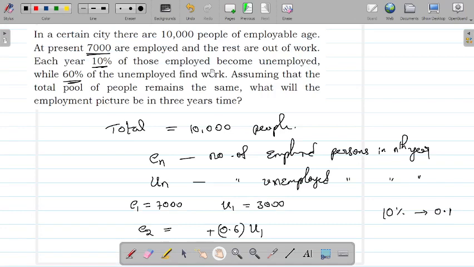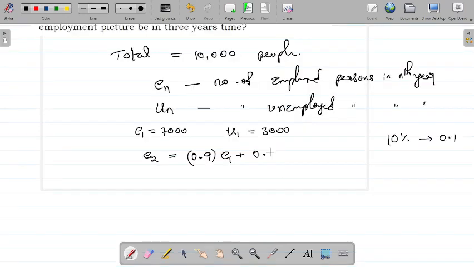So can I write it like this? Plus 0.9 times E1, plus 0.6 times U1. This is the employed persons in the second year.